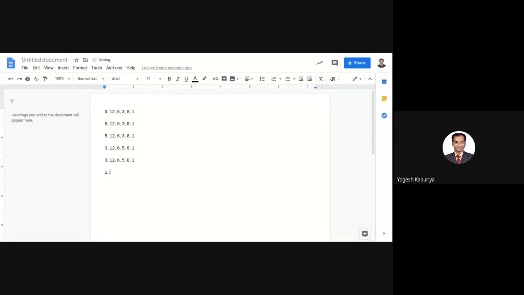So 1, 12, 6, 5, 8, and 3. At the end of the first iteration, what you will see is your smallest element comes at the leftmost part. Now your i will get incremented.